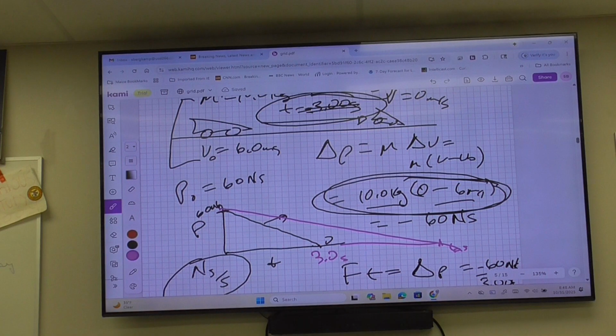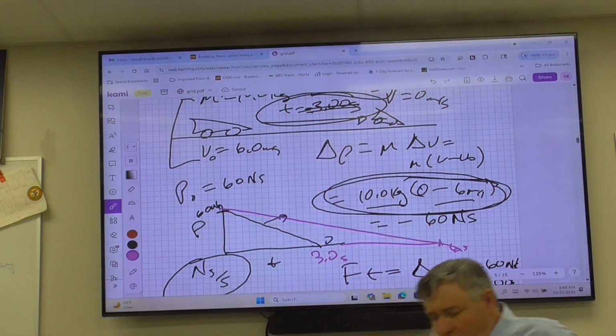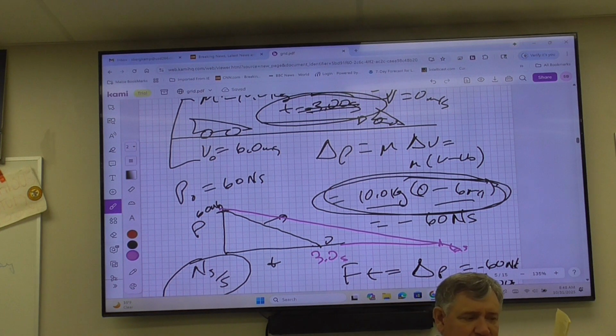Okay, you haven't done so. I changed this up and then I forgot to change one number. On question number 8, it refers to question number 6. That should actually be question number 7. So on question number 8, where it says the puck in number 6, that should be in number 7.